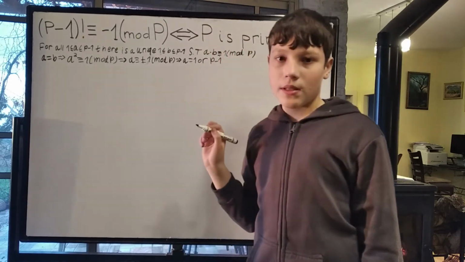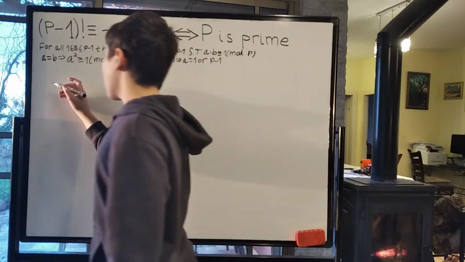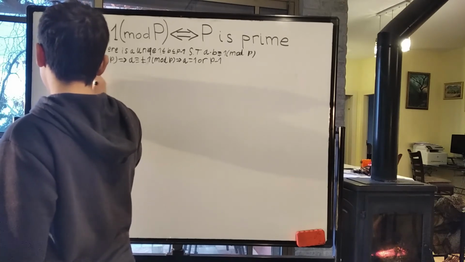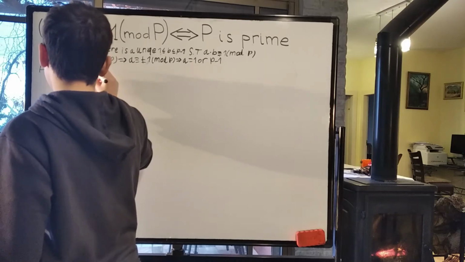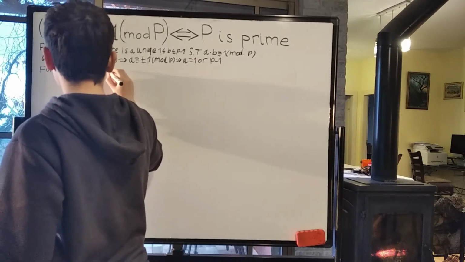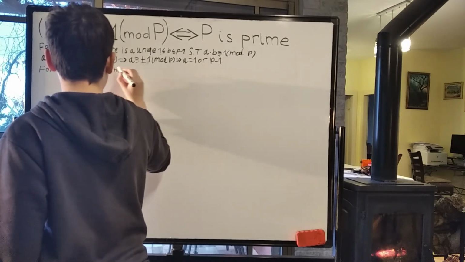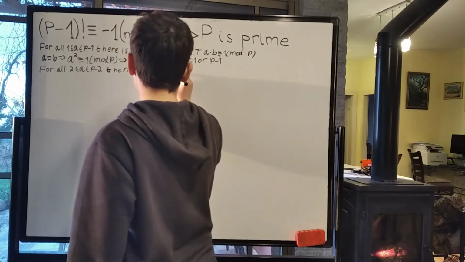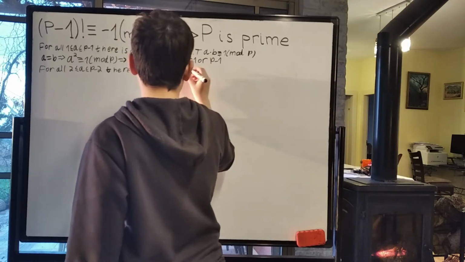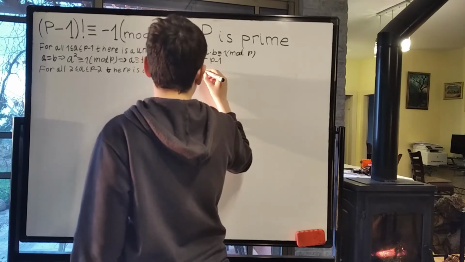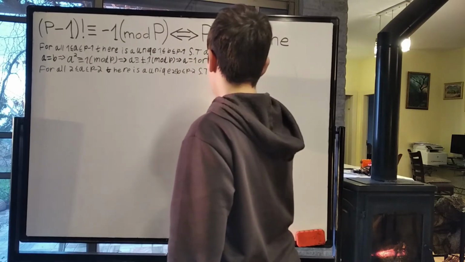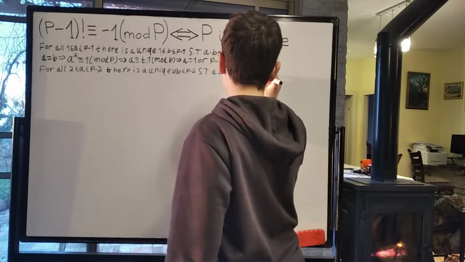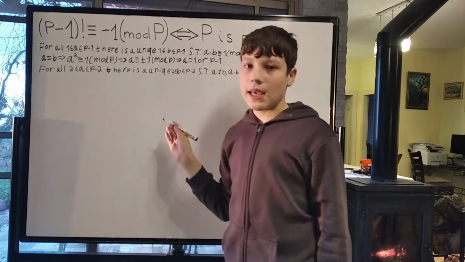Because those are the only numbers that are their own inverses, for all A between 2 and P minus 2, there is a unique B, also between 2 and P minus 2, such that A is different than B, and A times B is congruent to 1 mod P, aka B is A's inverse mod P.